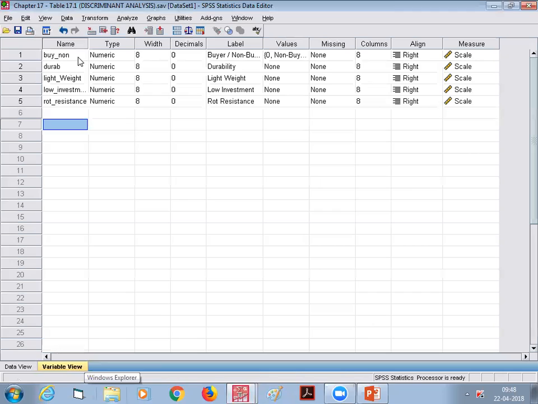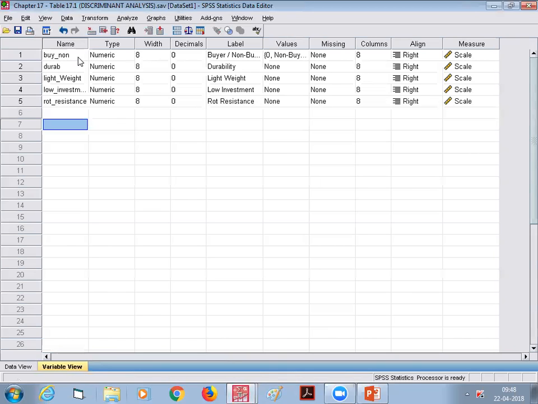In my example, I have taken only 18 customers. Totally 36 customers are there, and 18 are divided into two groups. One group is for developing the model, the remaining 18 observations to validate the model. Under that 18, I have equally divided as 9 buyers and 9 non-buyers.